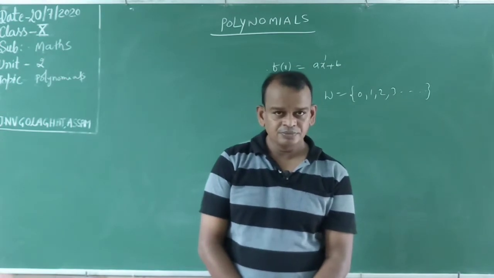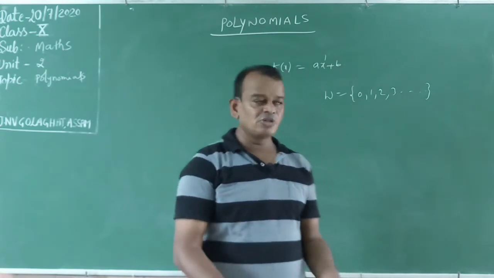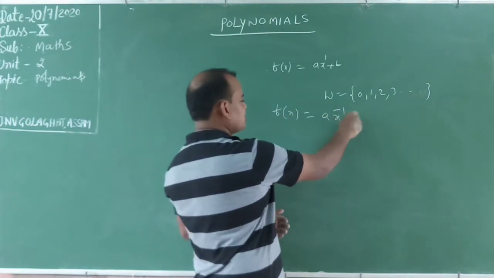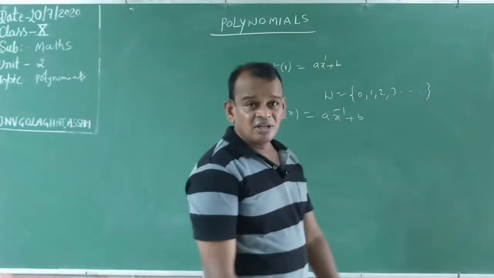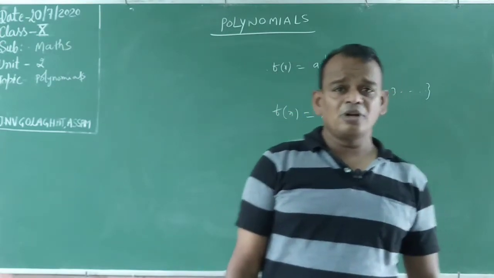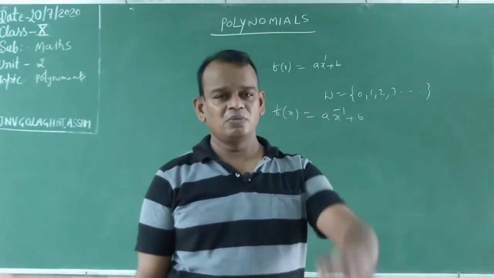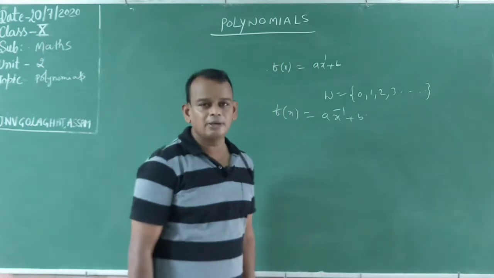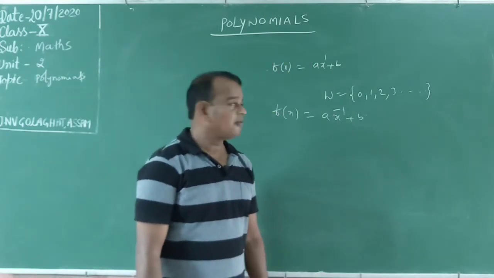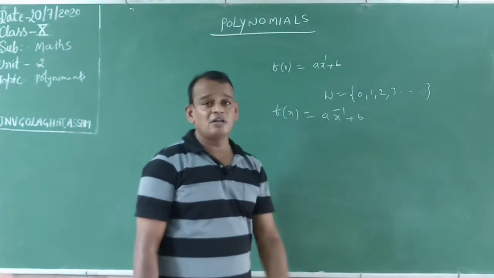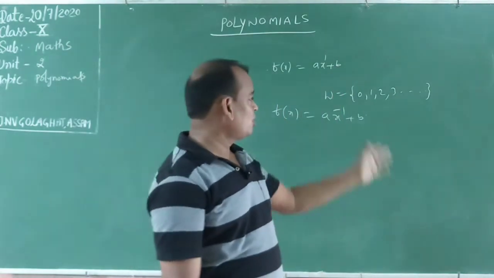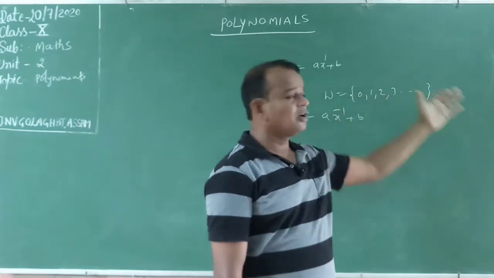Understood? Suppose f(x) = ax^-1 + b. Is it a linear polynomial? No. The power of the variable is always a whole number. You remember that. The whole numbers are 0, 1, 2, 3, and so on.